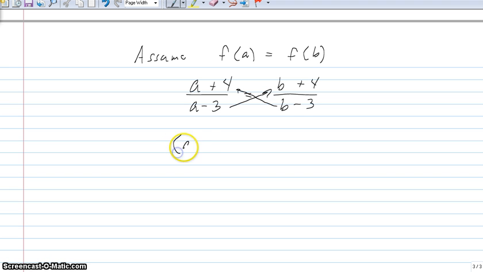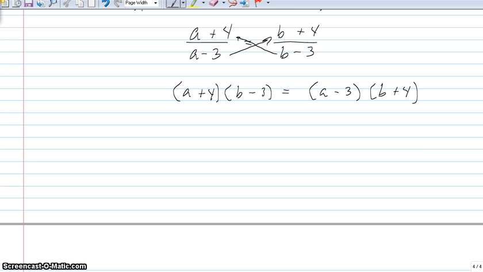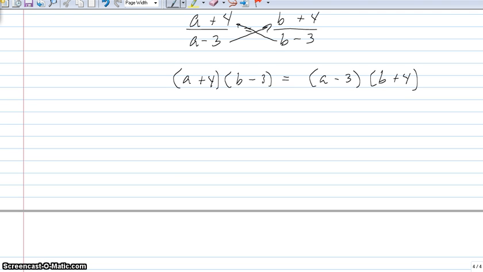So we would get this, and then this looks a little strange, but let's go ahead and FOIL on both sides.